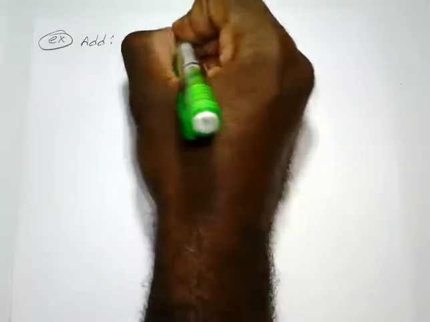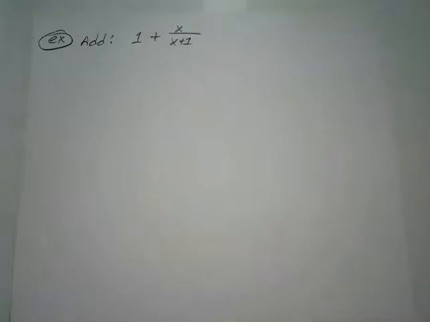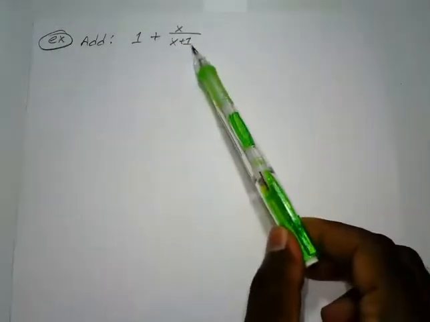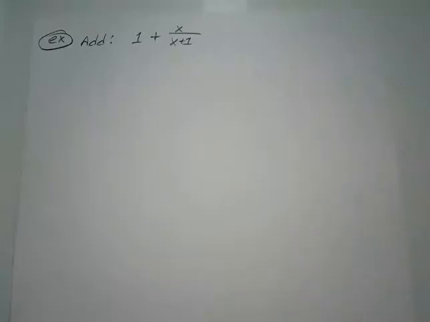Okay, and this is more of a, just to expose you to a little trick problem they may throw at you. So let's say if we wanted to add 1 plus x over x plus 1. Okay, now believe it or not, when you have a rational term and you add or subtract a whole number, that's probably the easiest problem you're going to run across.